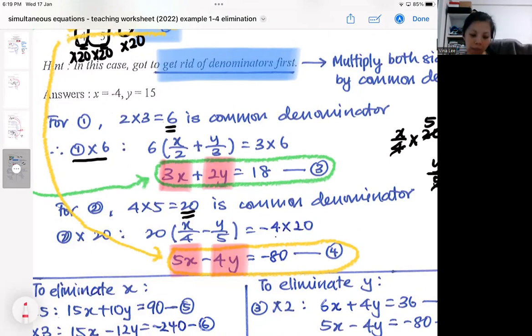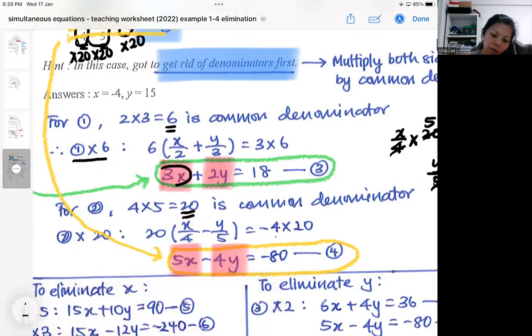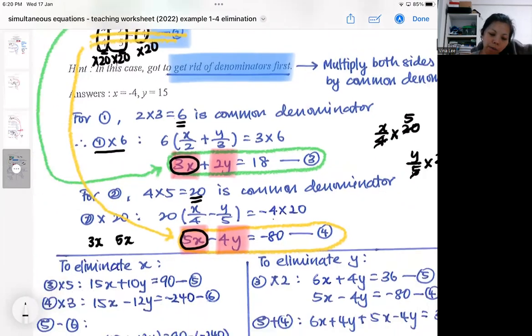You got to decide what you want to eliminate. If you decide to eliminate x, you got to make it the same algebra. So for 3x and 5x, the common algebra will be 15x. If you decide to eliminate y, 2y and 4y, you just need to make it 4y.